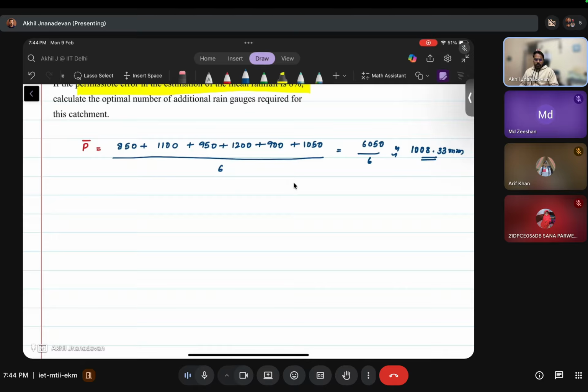And next is standard deviation. Standard deviation is clear, I hope you all know. These are statistical terms, mathematical terms, right? So standard deviation sigma n minus 1, the formula is 1 by n minus 1 times the square root of the sum of xi minus x bar, the whole square.